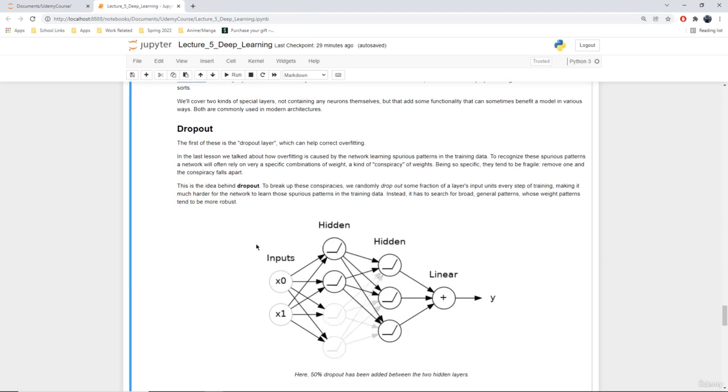First, this is the dropout layer. The dropout layer essentially is used to combat overfitting. You might recall, overfitting tends to happen when a model, in our case a network, learns very specific patterns in the training data. It recognizes patterns that are there in the training data, but really only there in the training data.